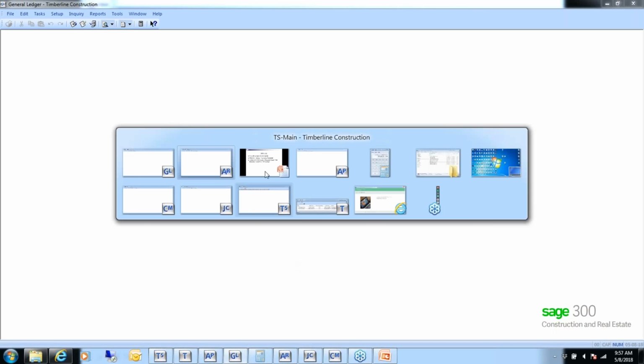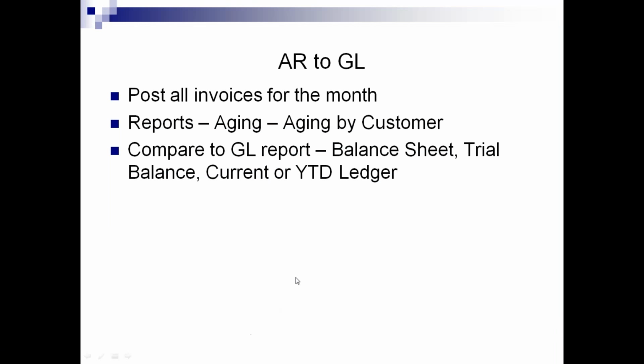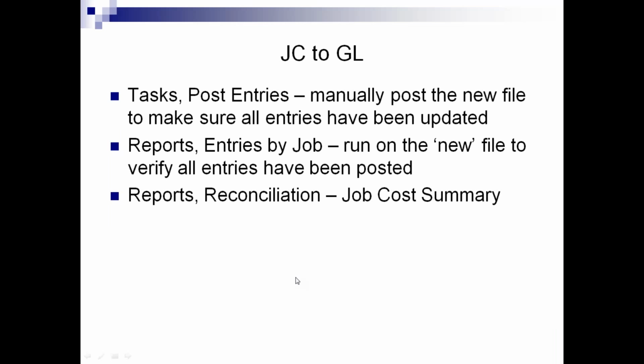All right, let's go back to our PowerPoint for a second. And let's talk about job cost to GL. You want to make sure, again, that everything has been posted. So you want to make sure everything posted in job cost.